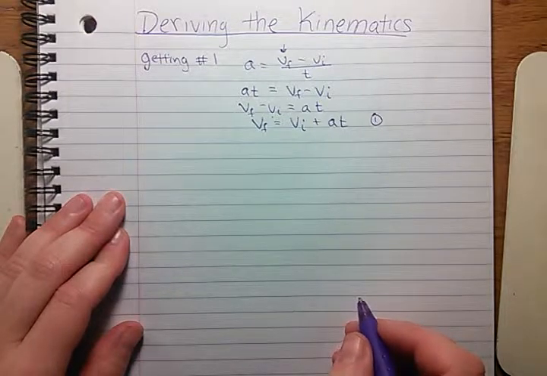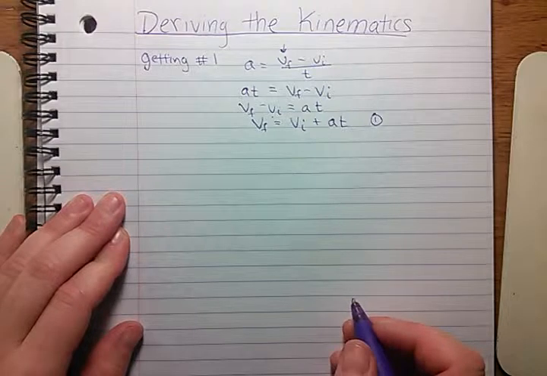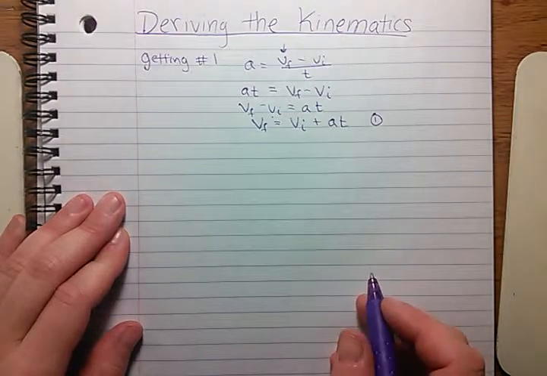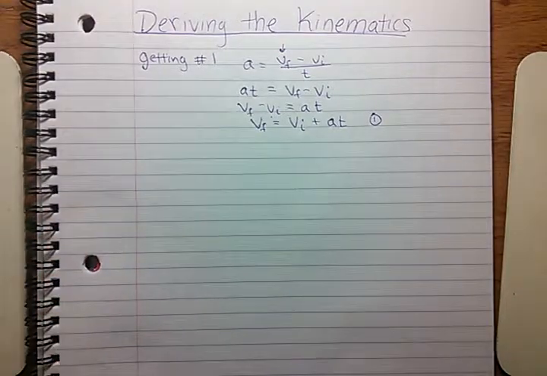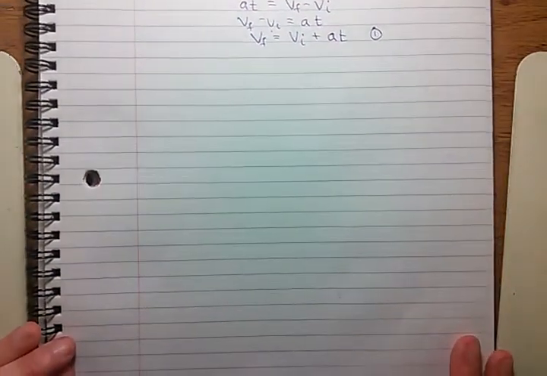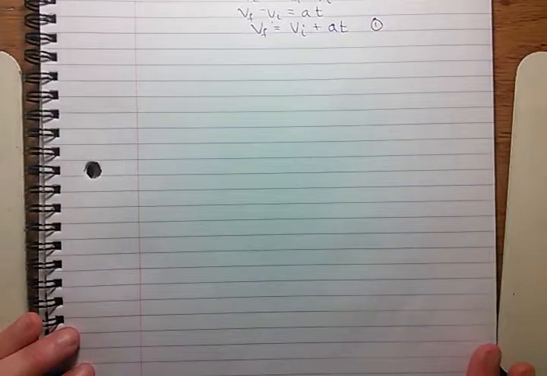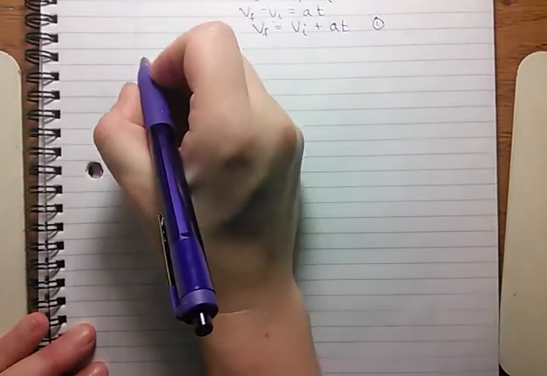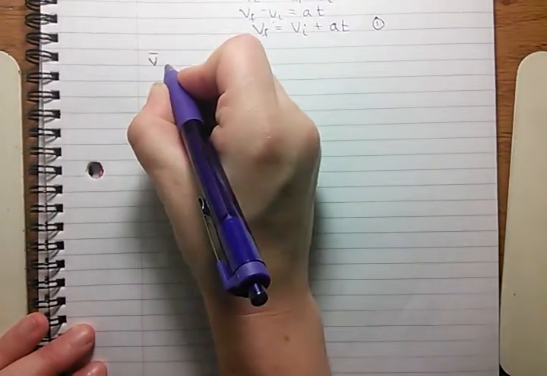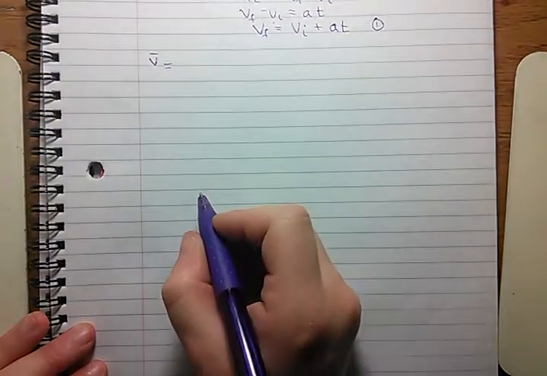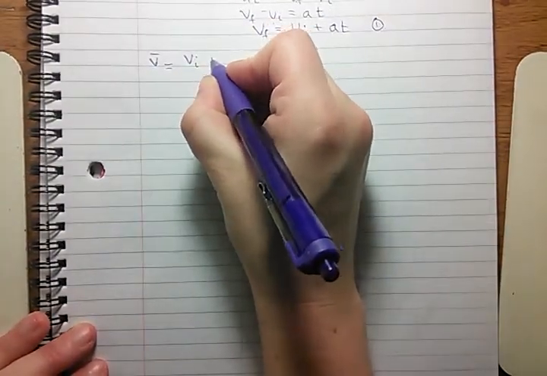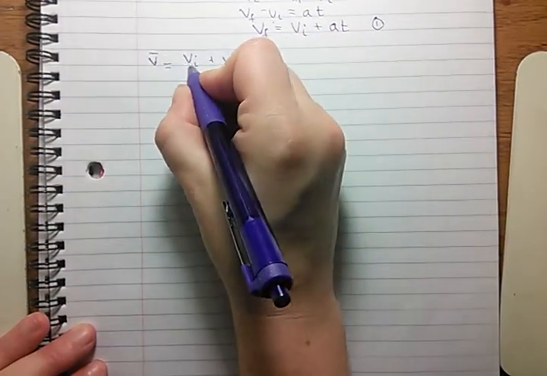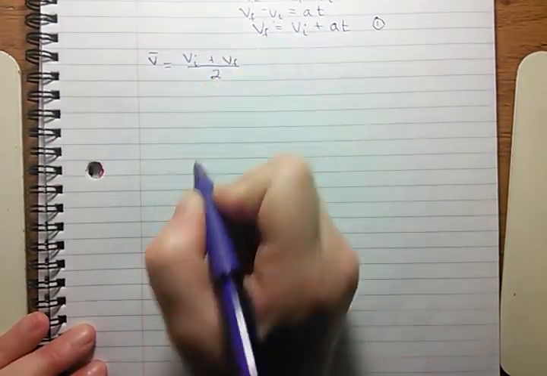Now we're going to move on to equation number four, because we need equation number four for the other ones. So for equation number four, we need to remember two things. One is that if you have the average velocity, then another way to get average velocity is initial velocity plus final velocity divided by 2.